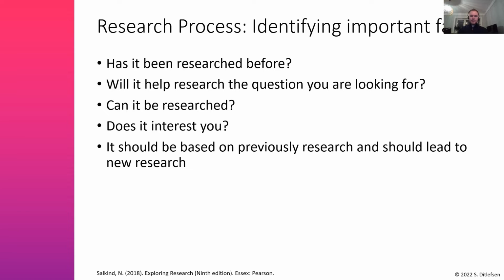And it should be based on previous research and should lead to new research. Remember the circle? First we were asking the question and then identifying important factors, and at the very end we are asking new questions. So the factors should be something that should lead to new research.